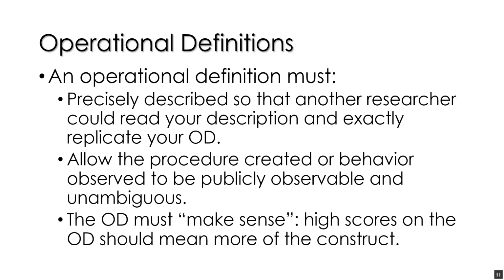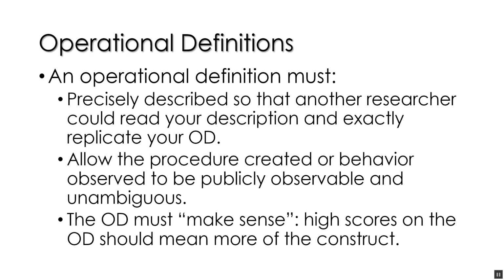If I say that I am creating negative affect by giving a student negative feedback on an exam, that process of giving negative feedback to a student should be publicly observable.